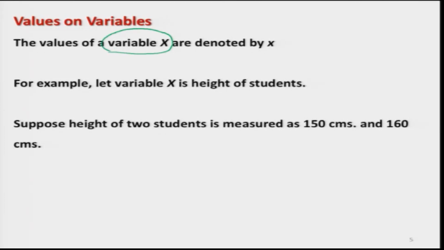Now, what will be our next step? Once I have defined the variable, then I would try to draw a representative sample or simply a sample from the population, and whatever are my sampling units, I will try to collect or record data on them.